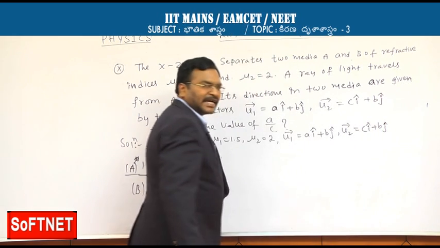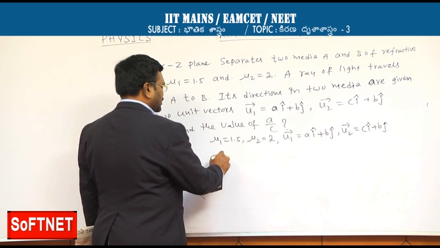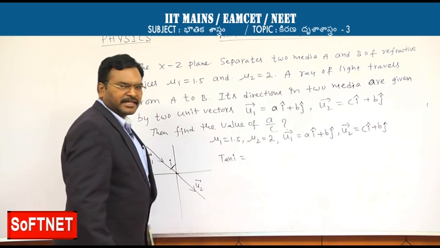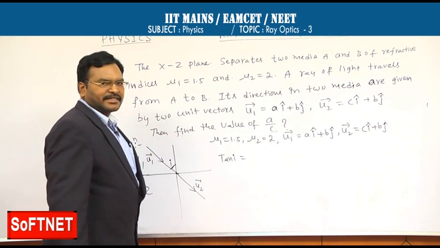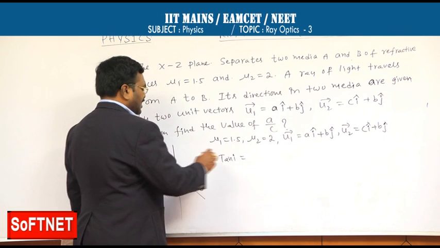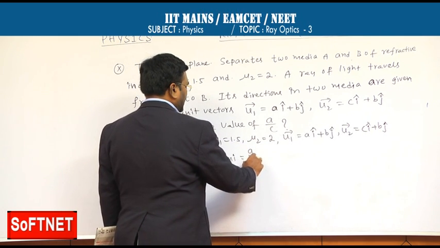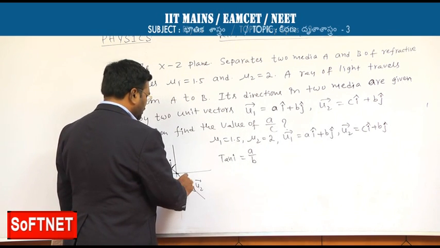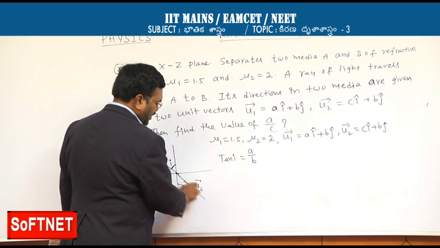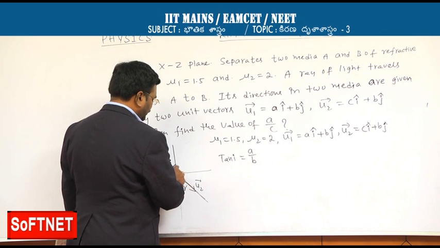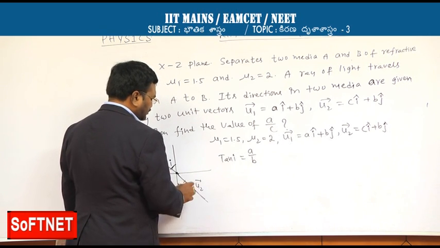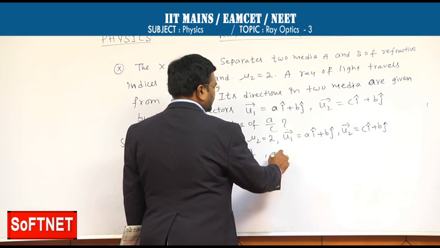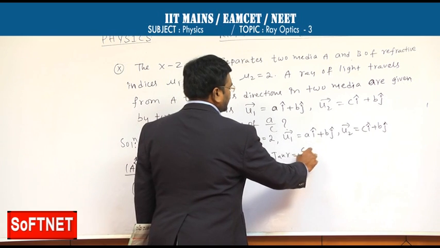From this, tan I is opposite side by adjacent side, so tan I is A by B. Again, tan R, where the angle of refraction is R. Tan R is C by B.